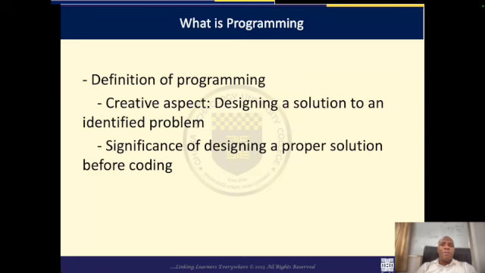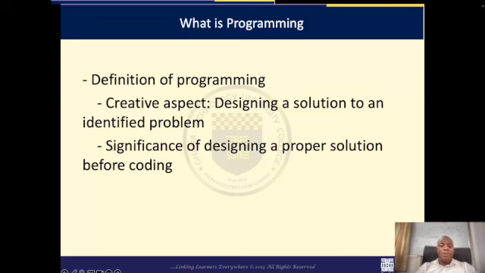Programming involves the designing of a solution to an identified problem. The designing of the solution is very, very critical. This is a step that a lot of programmers ignore, but this is a step that a lot of very good programmers practice properly and have the desired results.